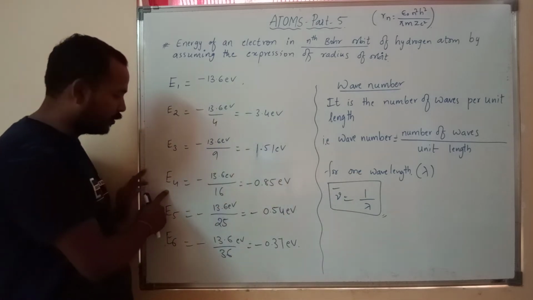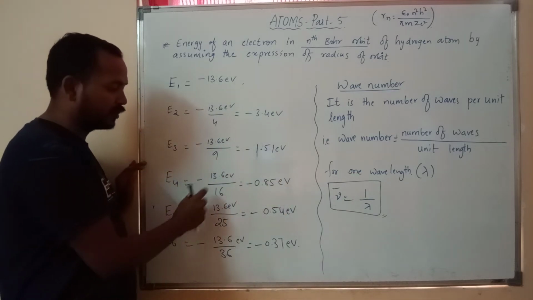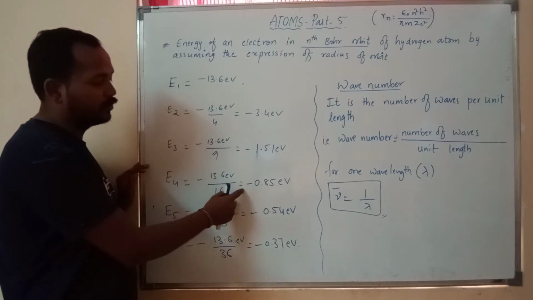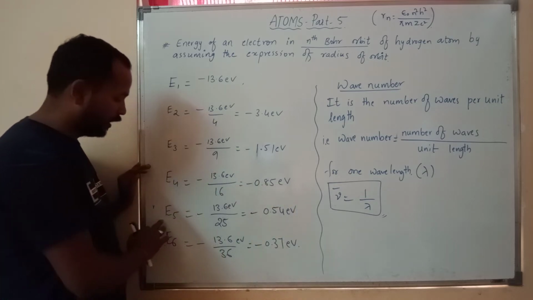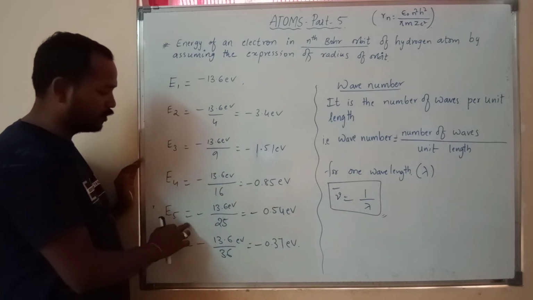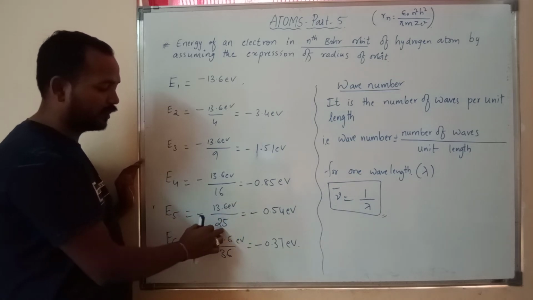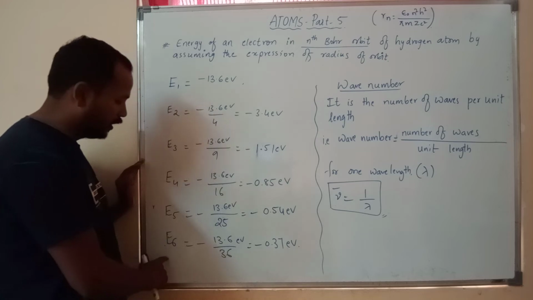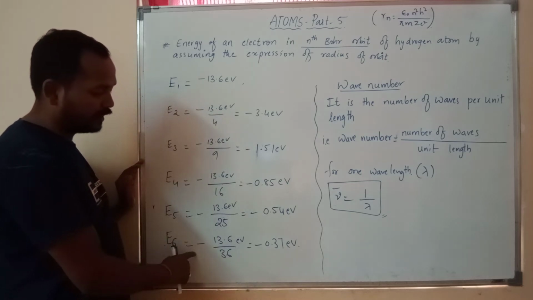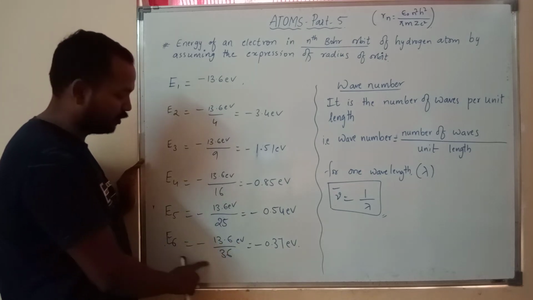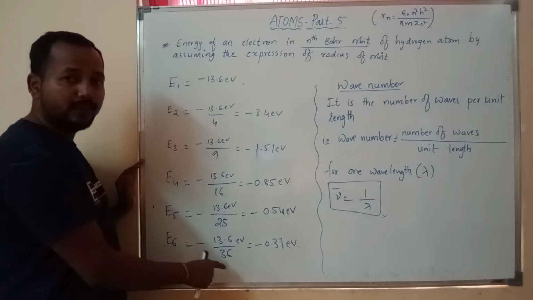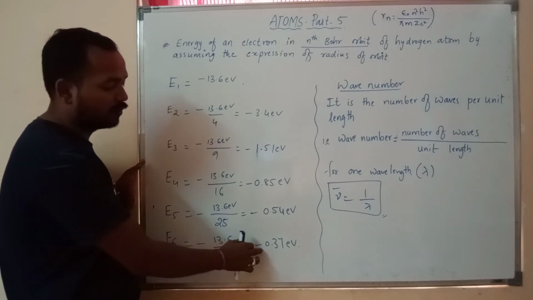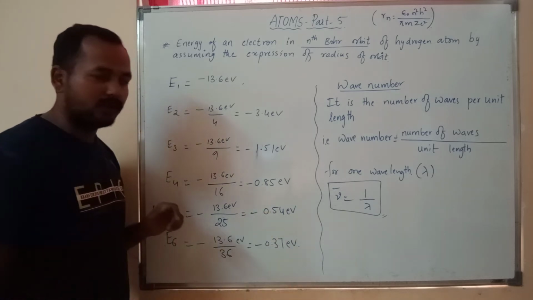The energy of the fourth orbit is minus 13.6 electron volt divided by 16, which is equal to minus 0.85 electron volt. The energy of the fifth orbit is minus 13.6 electron volt divided by 25, which would be equal to minus 0.54 electron volt. The energy of the sixth orbit is equal to minus 13.6 upon 36, because the denominator 6 square is 36, so it is equal to minus 0.37 electron volt.